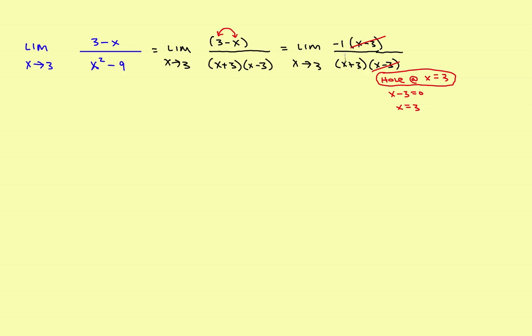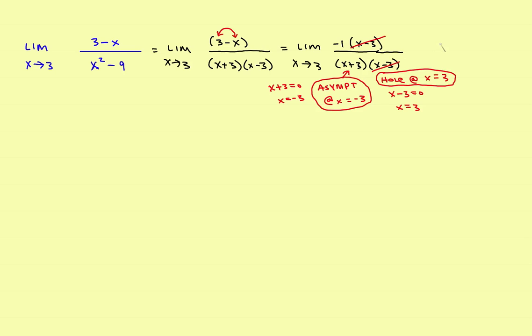Now this other one you can't factor out, so this one is going to be an asymptote. You're going to have an asymptote where you can't factor it out. At x equals, again set the x plus 3 equal to 0, which gives you x equals -3. So you've got an asymptote at x equals -3. So in this problem you've got both a hole and an asymptote.